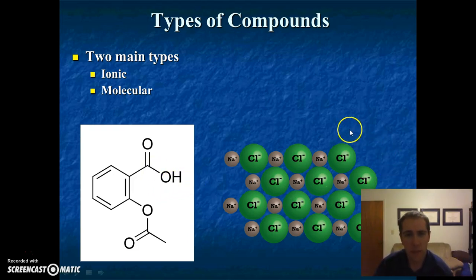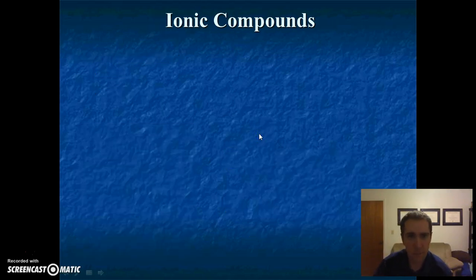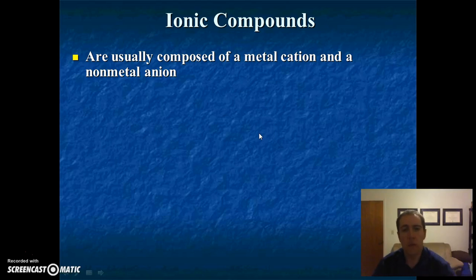On the right is an ionic compound. This is sodium chloride or salt. Here we see that there's sodium atoms in with chlorine atoms, and actually there's sodium ions with chloride ions. So ionic compounds are made up of a metal cation and a non-metal anion.